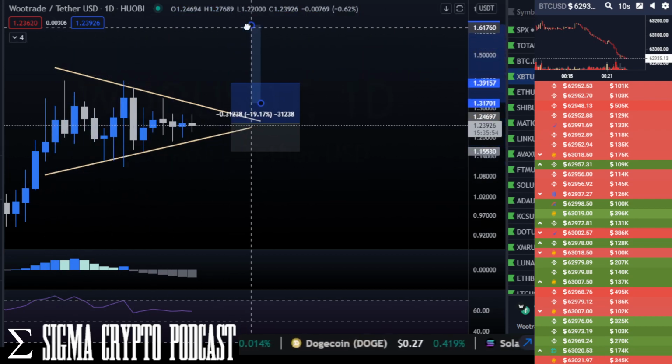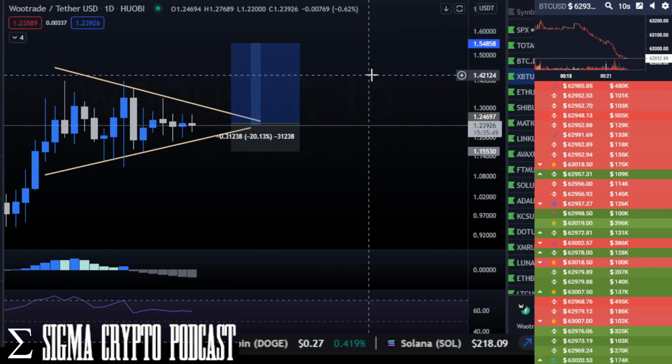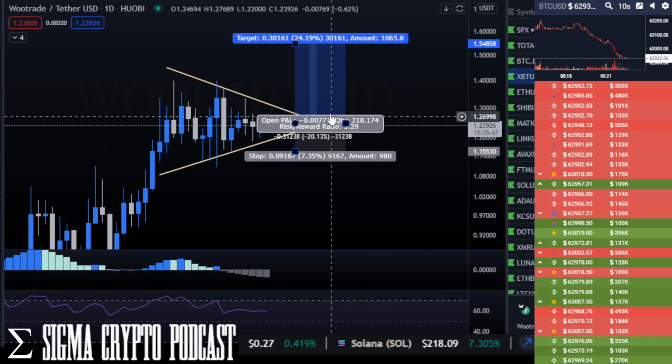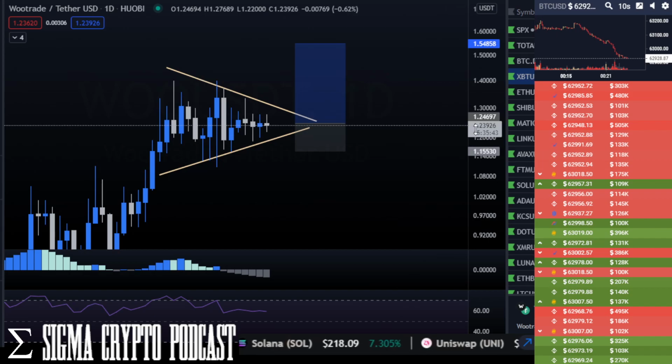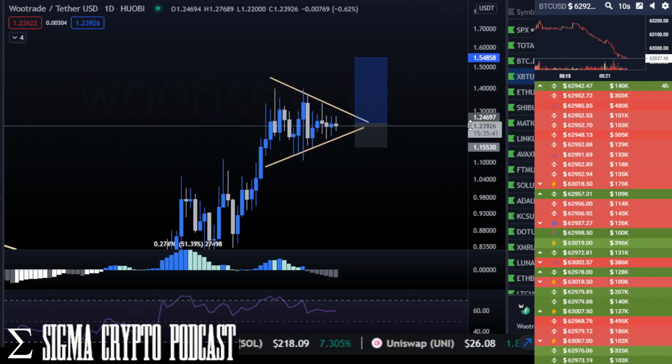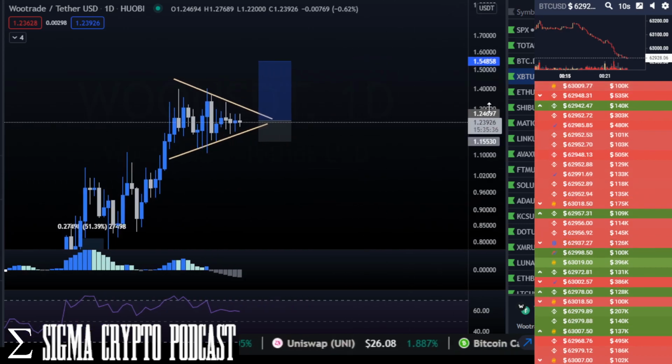Using the target on the bull flag, you probably target $1.54. If you were swing trading, or just holding, then you're looking for cycle tops, not temporary ones, unless you're trying to take some tendies.